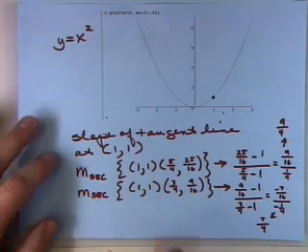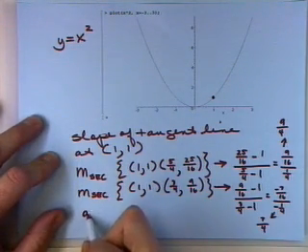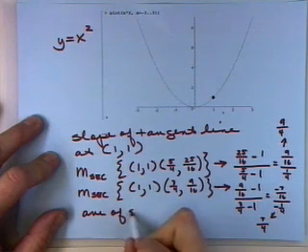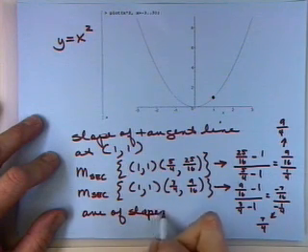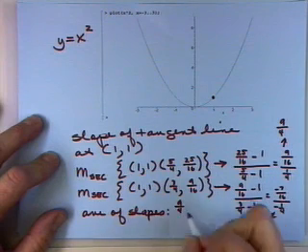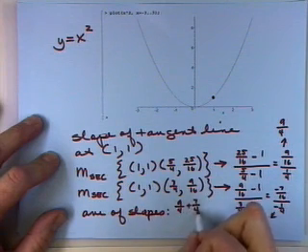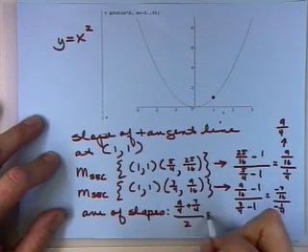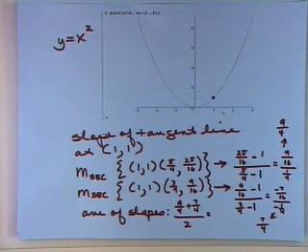Well, let's take the two and average them. The average of 7/4 and 9/4 is 8/4, right? Is that right? Mm-hmm. 2?